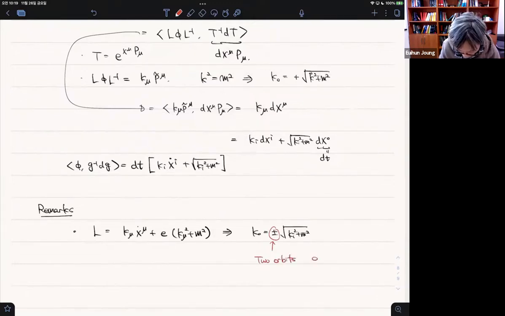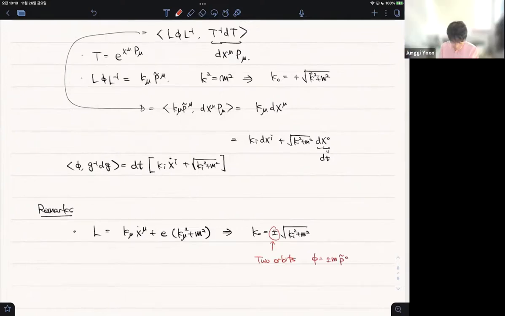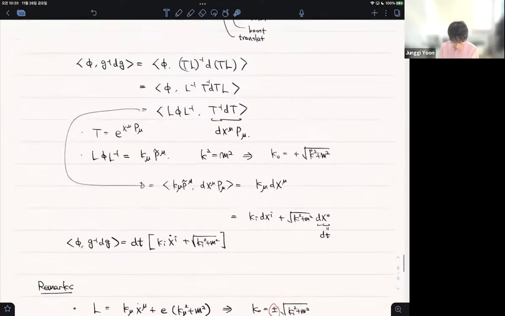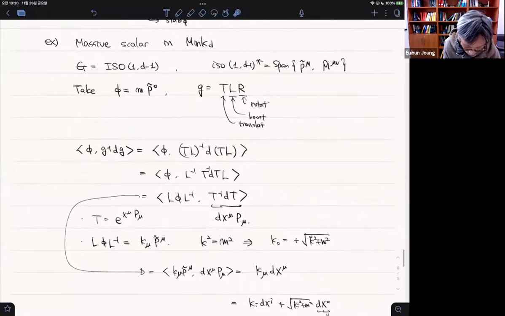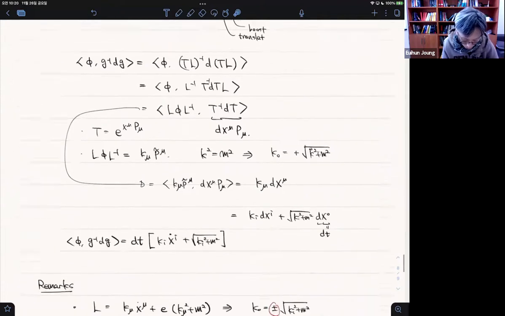So in this way, we include two orbits actually: two orbits, phi equal plus minus M P0. Here we cannot include two orbits, because we begin with a specific point in an orbit, and that will simply pick up one specific orbit, never two.